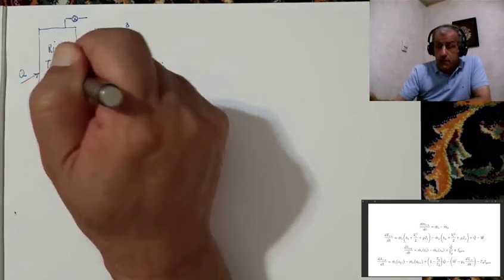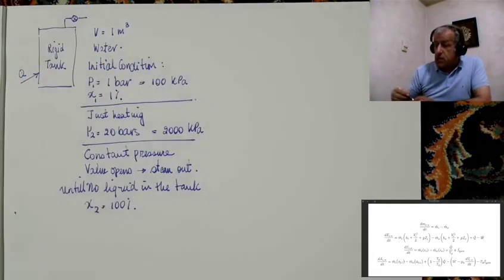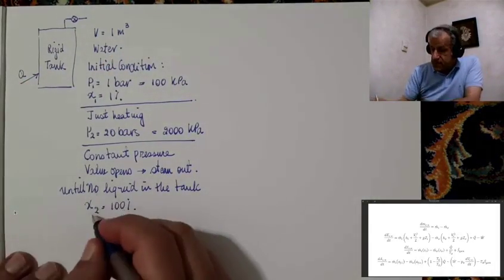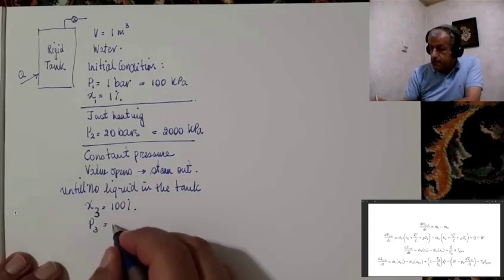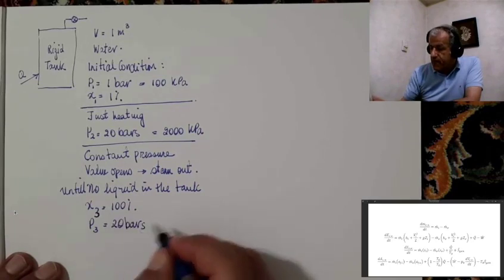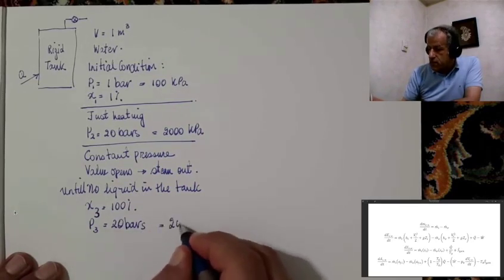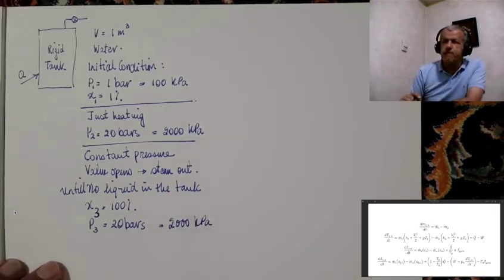The problem tells us that at the final condition, P3, this is 3. At 2, we don't know, but P3 is also 20 bars, which is equivalent to 2000 kilopascals.